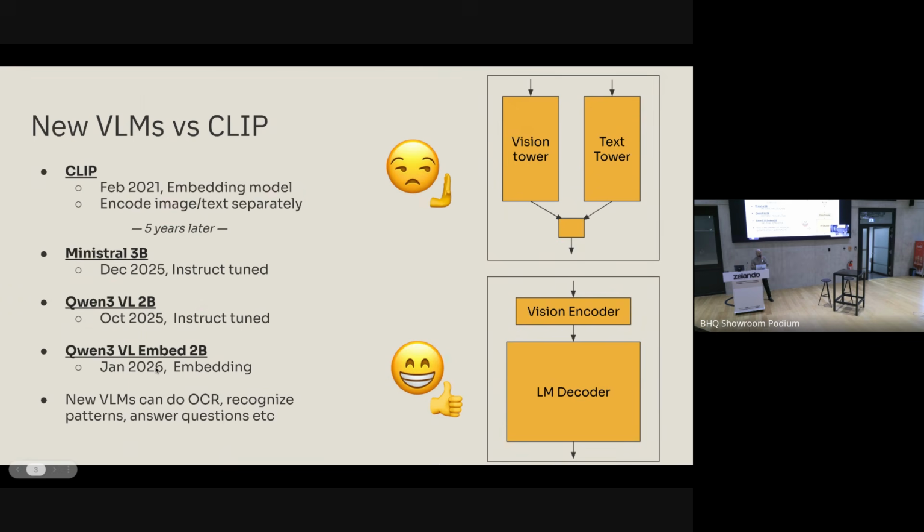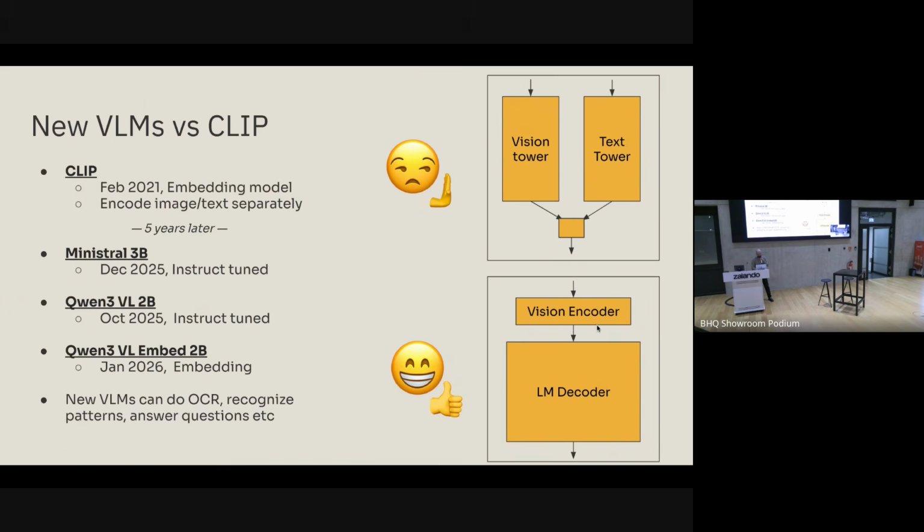And just like 3 weeks ago, they released an embedding model as well, which is directly applicable to what we do over here. Newer VLMs are good because in the last 5 years, the LLM space has made some progress, if y'all might have noticed. And they can do all sorts of things like OCR, recognize patterns, answer questions, so on and so forth.